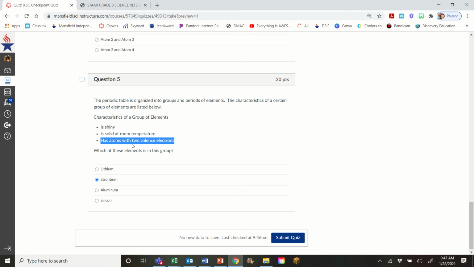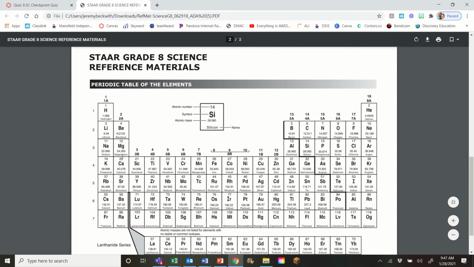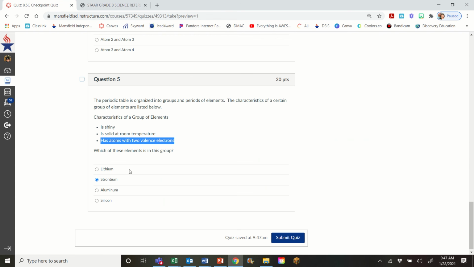Well, if it has atoms with 2 valence electrons, that means it must be in group number 2, because group number 2 has atoms with 2 valence electrons. So we've got as potential choices beryllium, magnesium, calcium, strontium. And here's strontium here. Now, what we could do is look up lithium and aluminum and silicon just to make sure.